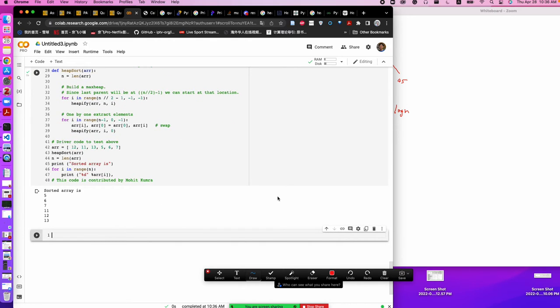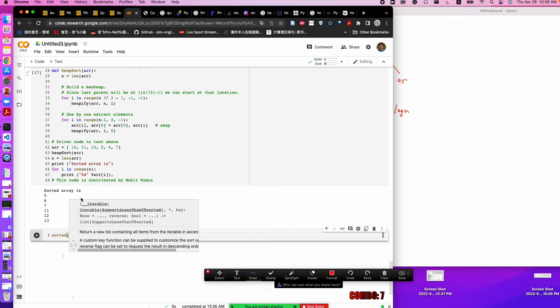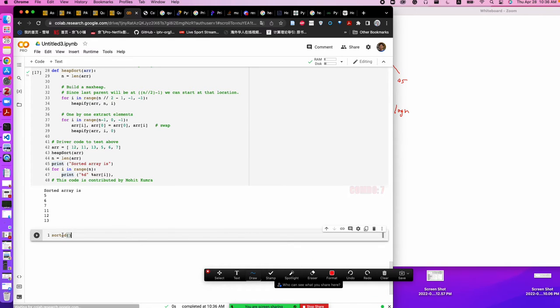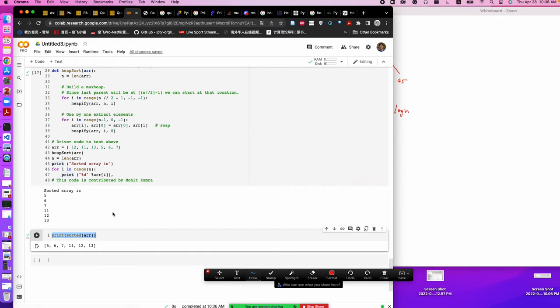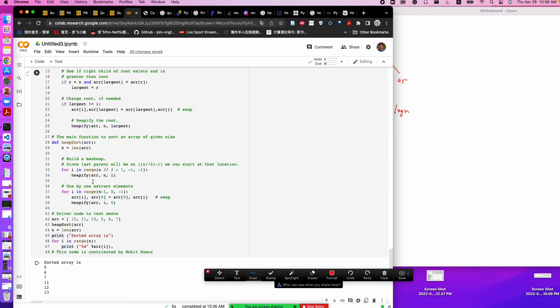Do you guys know we can use the sorted function like this in Python? Yeah, we can sort it by this, but this is the algorithm, right?